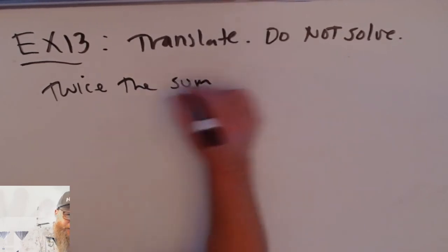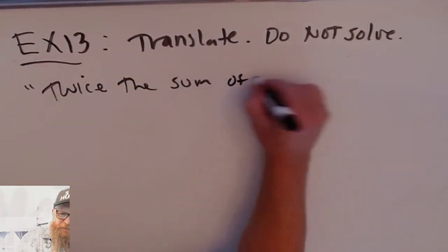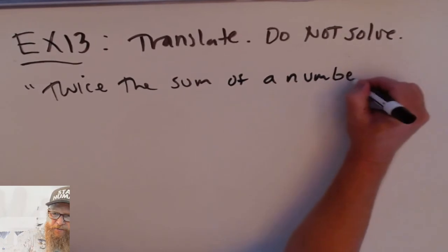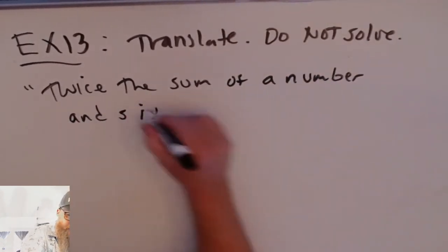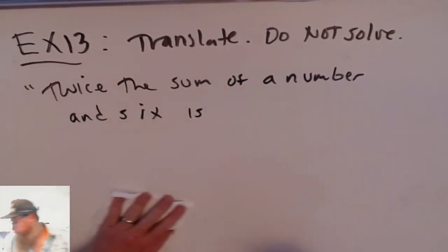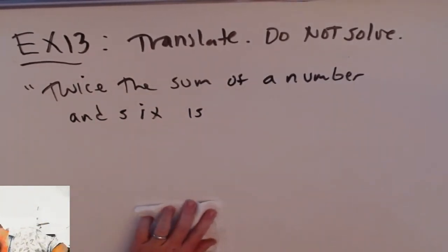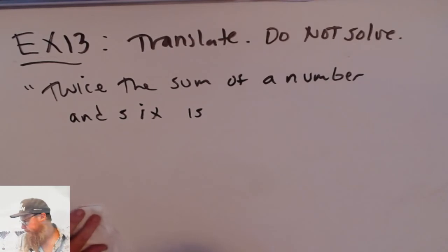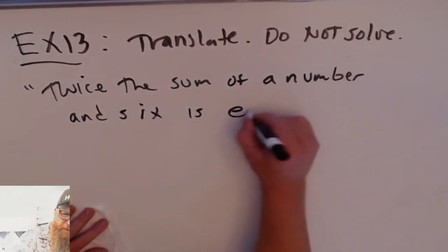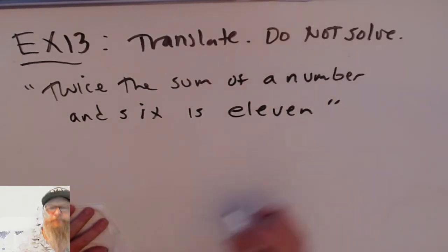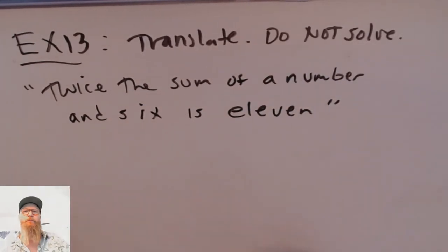Twice the sum of a number and 6 is 11. Twice the sum of a number and 6 is 11.